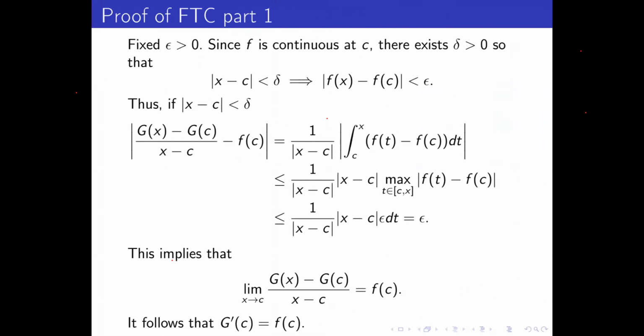Okay, so here is the proof of the fundamental theorem, part 1.